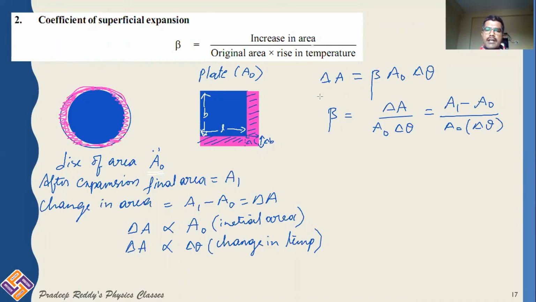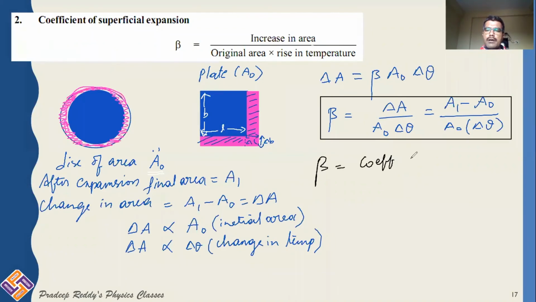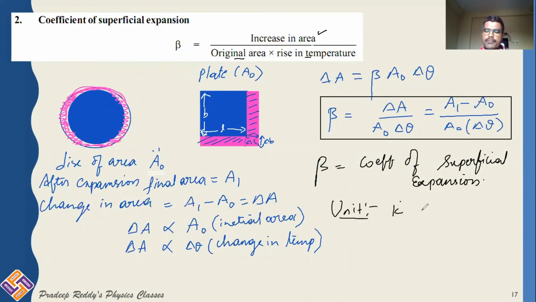This beta is called the coefficient of superficial expansion. So beta is equal to increase in the area divided by original area into rise in the temperature. The unit of beta is Kelvin inverse or degree Celsius inverse or Fahrenheit degree inverse. This is the unit of beta.